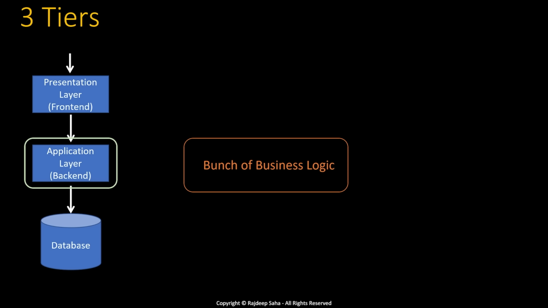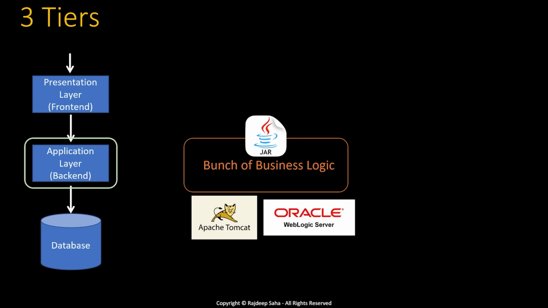One example of this layer is your Java code running in a jar file, and this jar file is running in an Apache Tomcat application server or Oracle WebLogic server, but you don't have to remember the Nginx, Apache, Oracle, etc. I'm just giving an example. At the end of the day, it could be any software where you can run this backend layer.